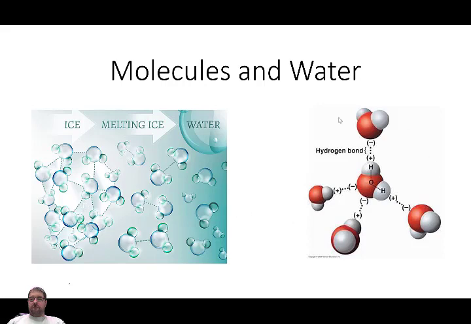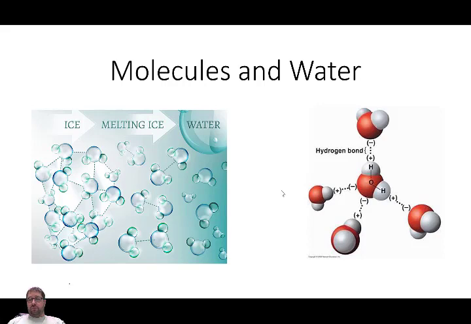You can also see here water binding with other water molecules and forming hydrogen bonds. Hydrogen bonds are very important when it comes to dissolving material, and when it comes to functionality, like the bonds that you find in DNA. A lot of this is based on hydrogen bonds.